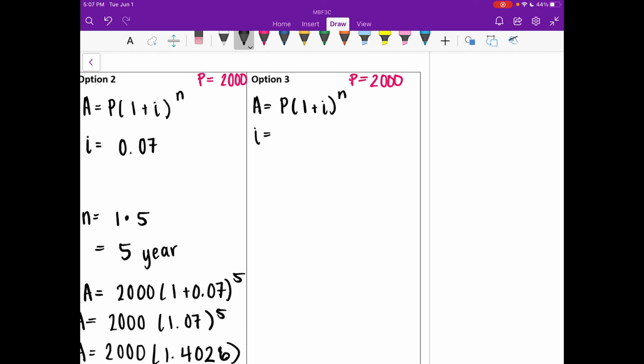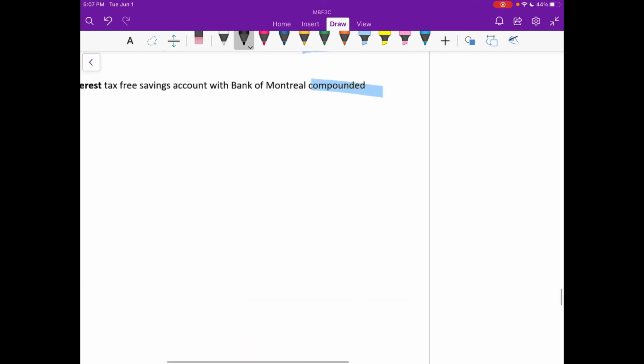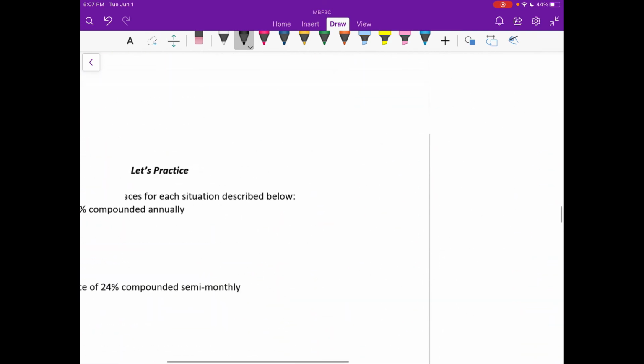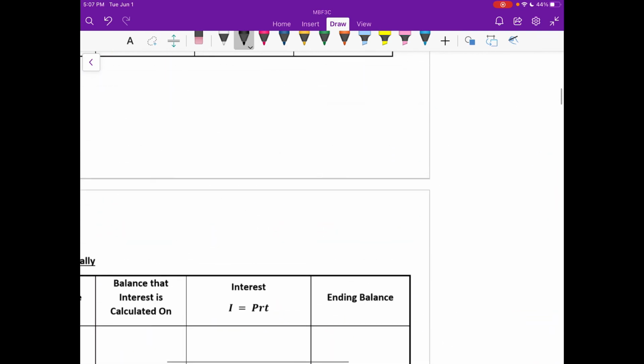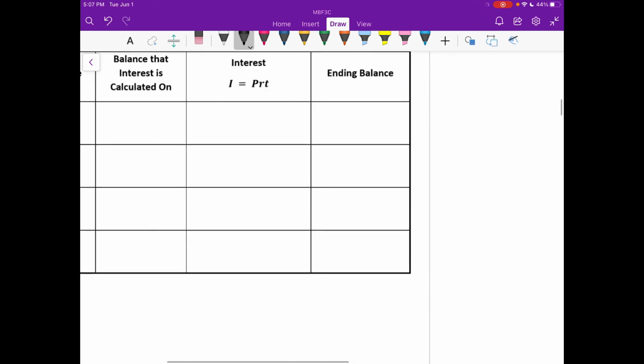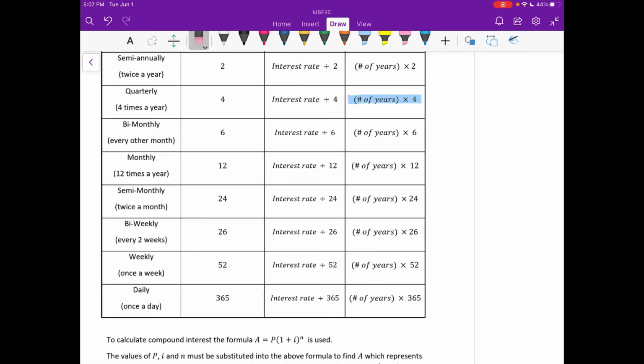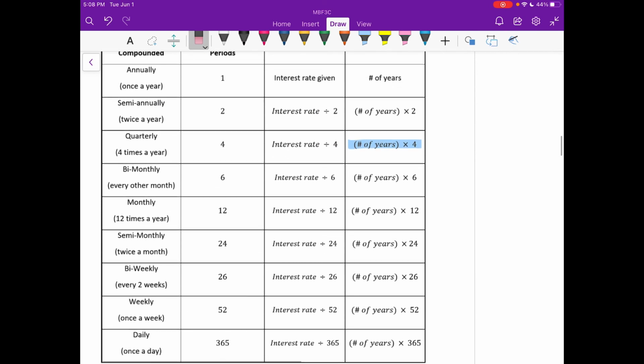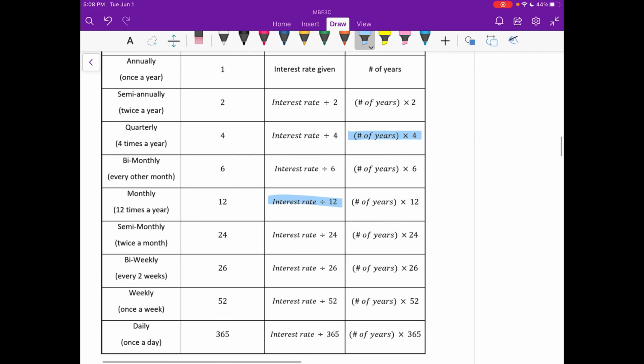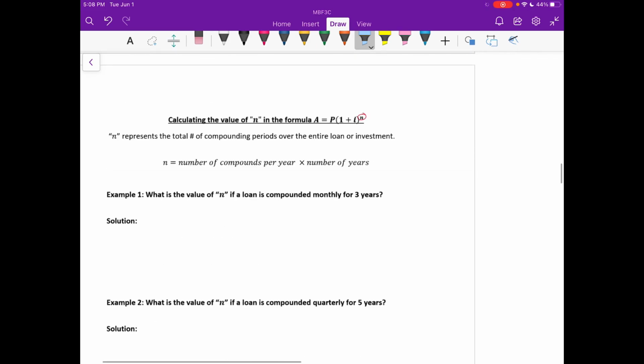If it's compounded monthly, I'm just going to go back and look at my original little table here. Oops, scrolled up too far. It's compounded monthly, which means that my i value is going to be the interest rate divided by 12, and my n value is going to be the number of years multiplied by 12, right?